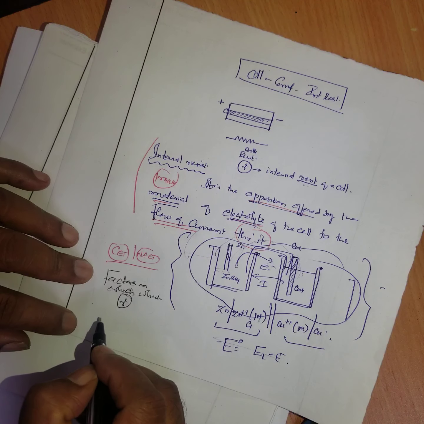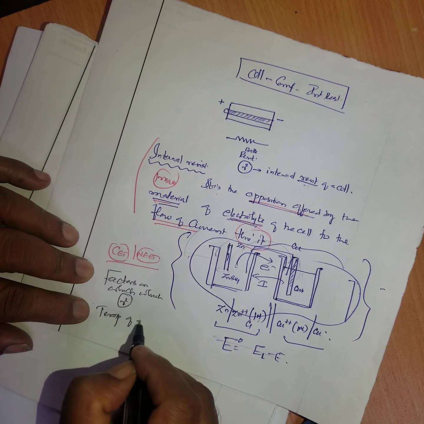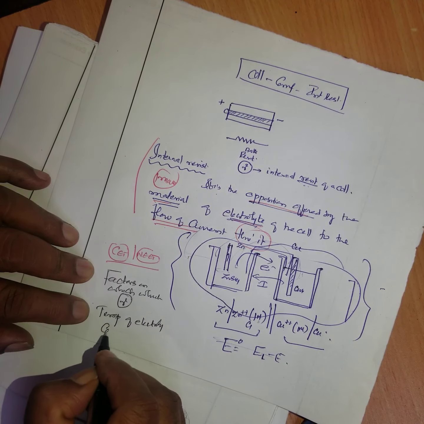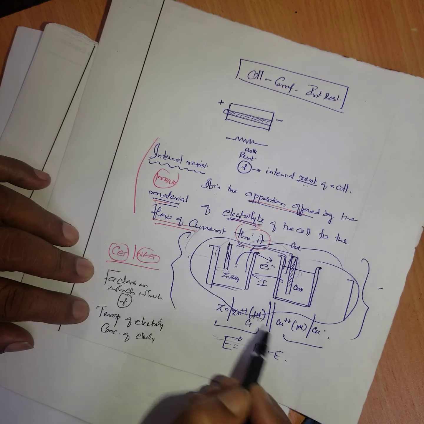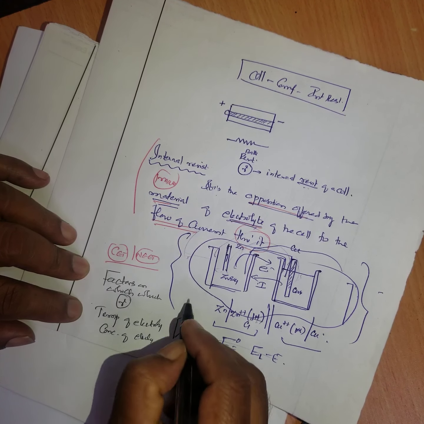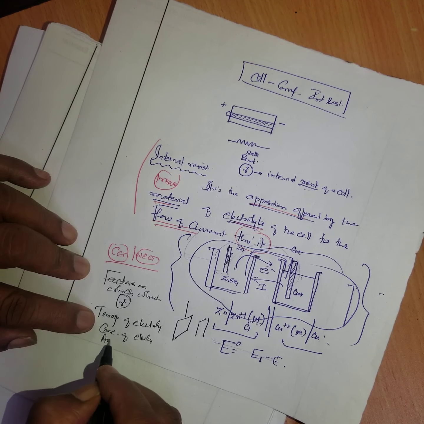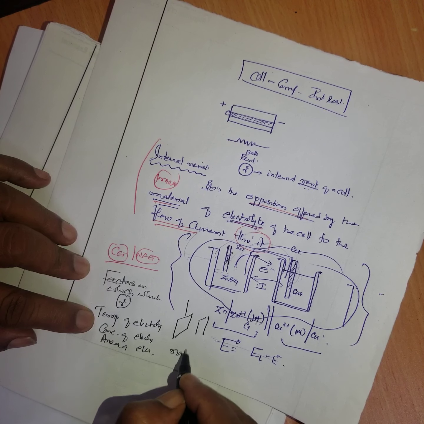One, temperature of the electrolyte. Then concentration of the electrolyte, so 1 molar, 2 molar or so. Area of the electrode. Nature of the electrolyte.